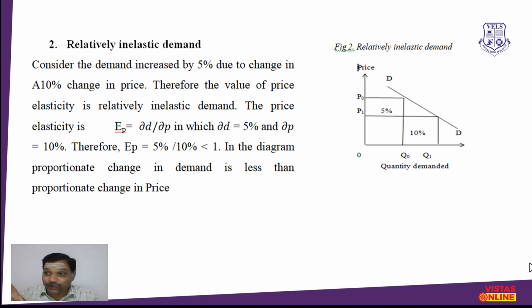So equal to 1 is unity, less than 1 means we call it relatively inelastic demand. How to represent it diagrammatically? By measuring the quantity demanded on the horizontal axis, price on the vertical axis. You can see the diagram. The price decreased from P0 to P1 by 5%. Because of that, the demand increased. So this is relatively inelastic.